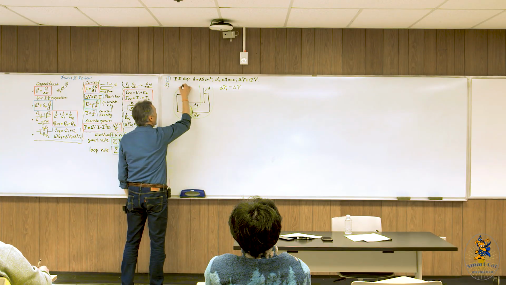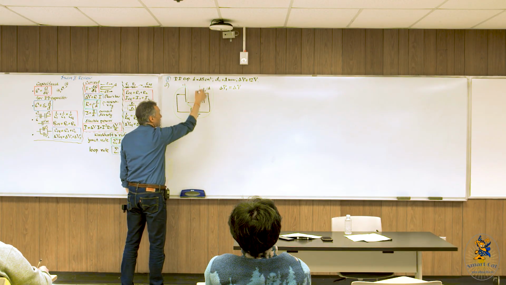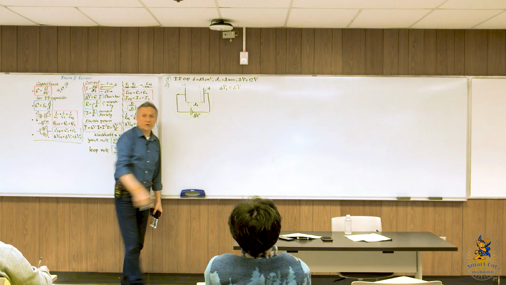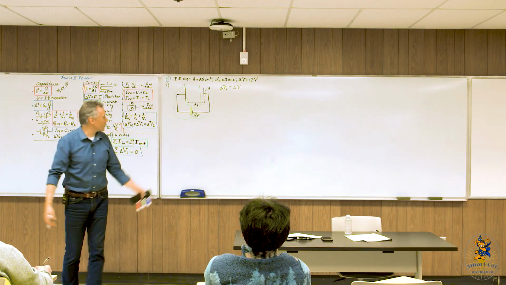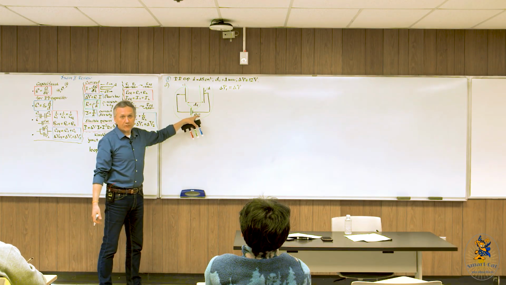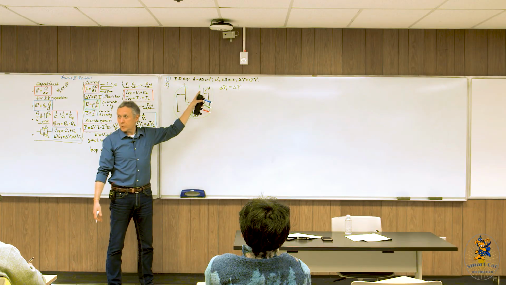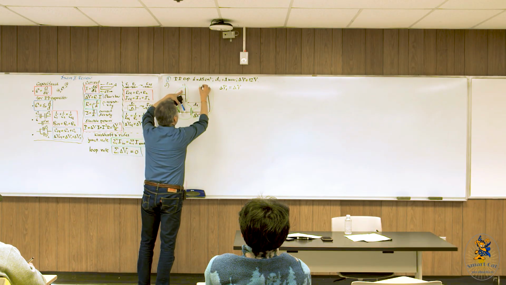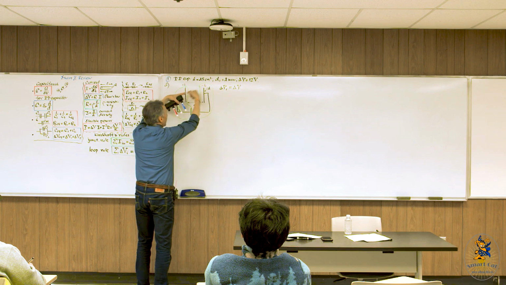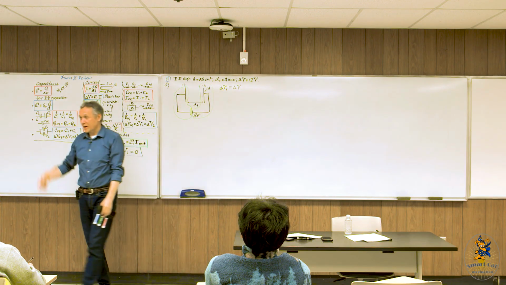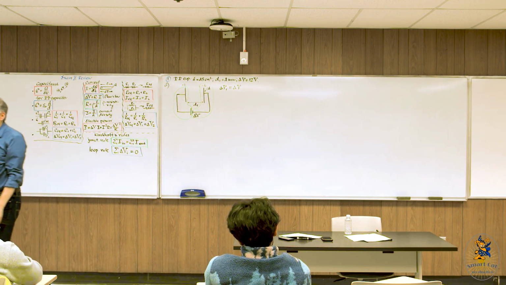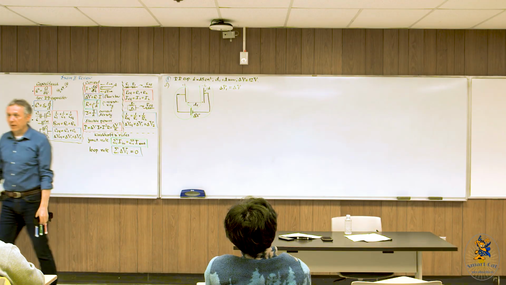Then I can say exactly the same thing about this piece of metal, but now it will be at minus 6 volts, all these points. So plus 6 over here, minus 6 over there. Of course, the potential difference across the capacitor will be exactly the same as the potential difference across the battery.